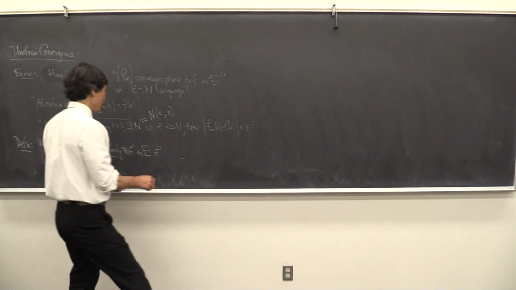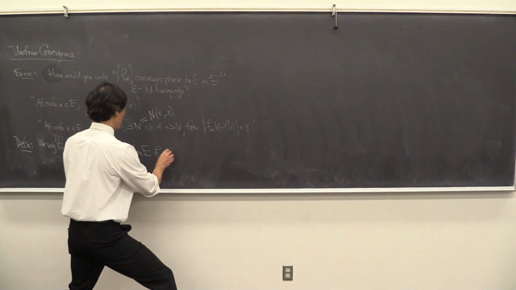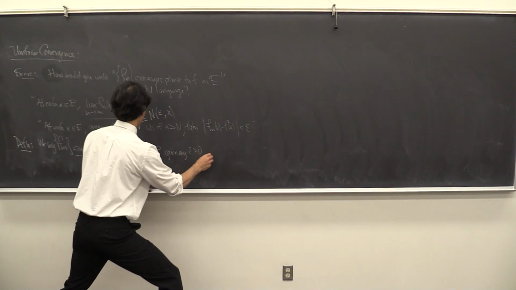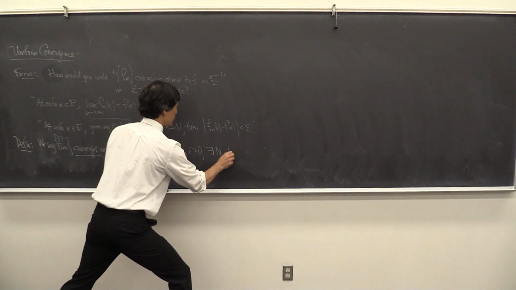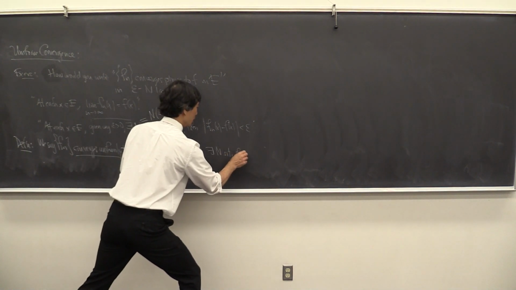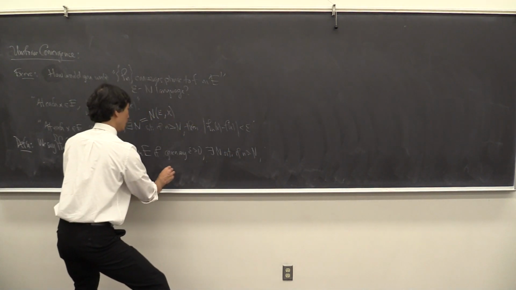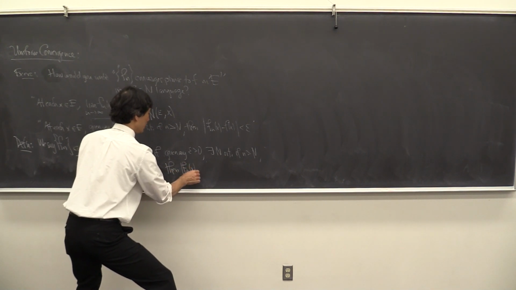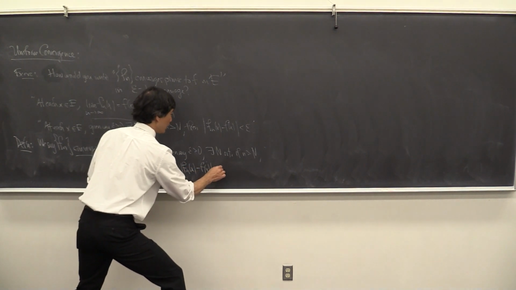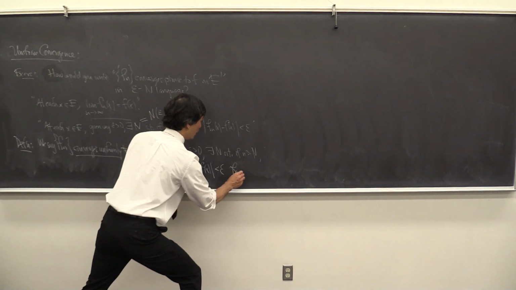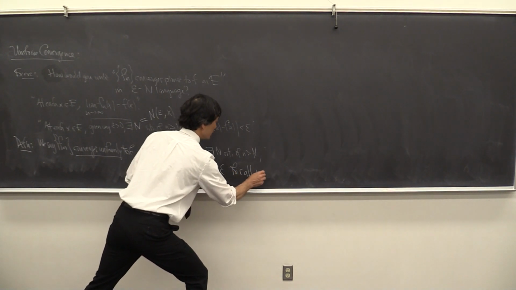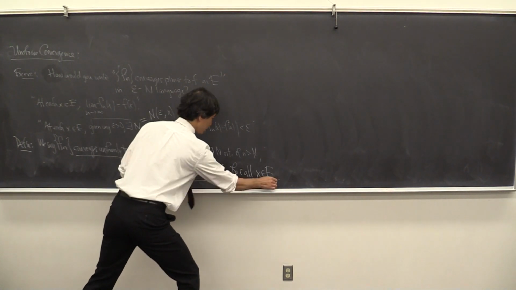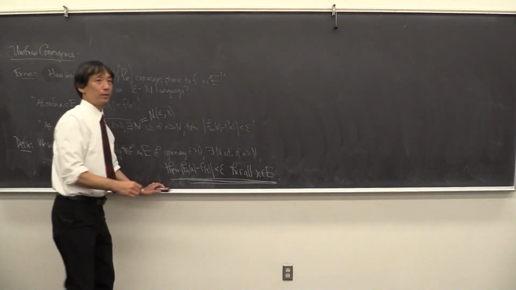Exactly. So if given any epsilon, there exists an N such that if n is bigger than N, then the distance between f_n(x) and f(x) is smaller than epsilon for all x in your set. So this thing happens everywhere.